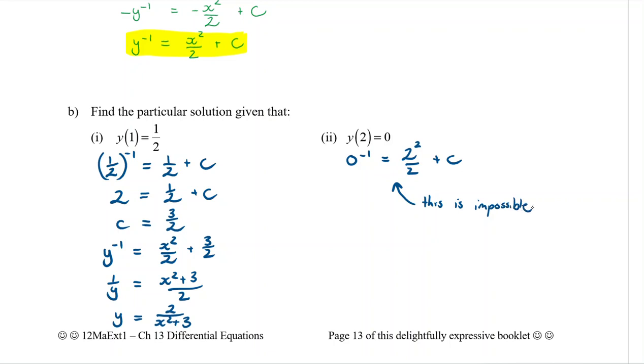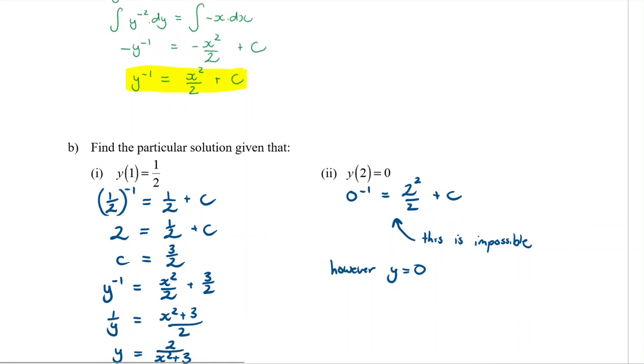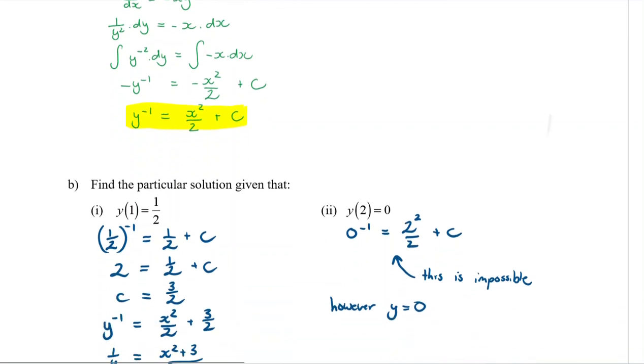You can't have 0 at the bottom of the equation, can you? Yes, I was about to get to that. Very good. However, y equals 0 does actually satisfy the equation if you were to look back at the original differential equation.